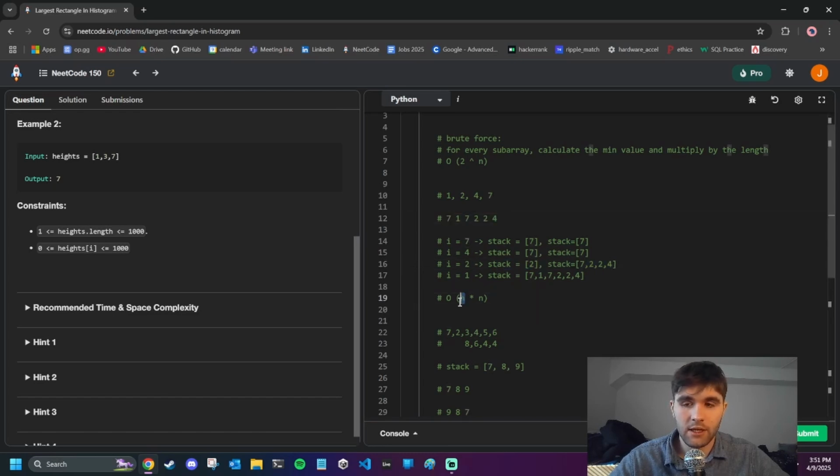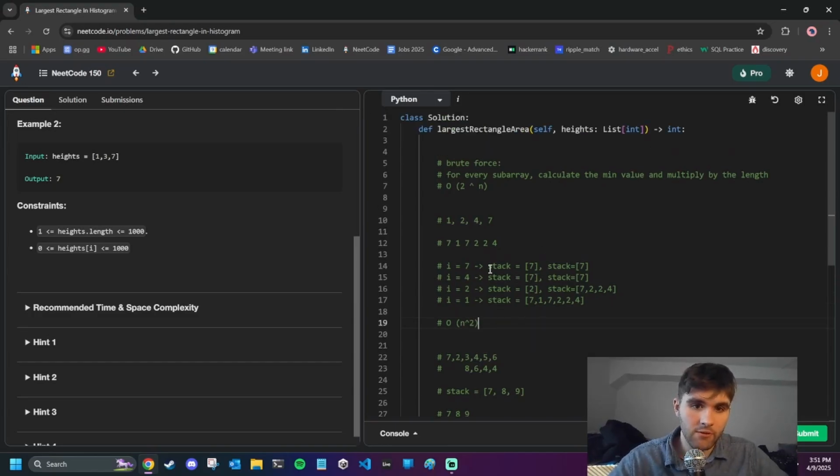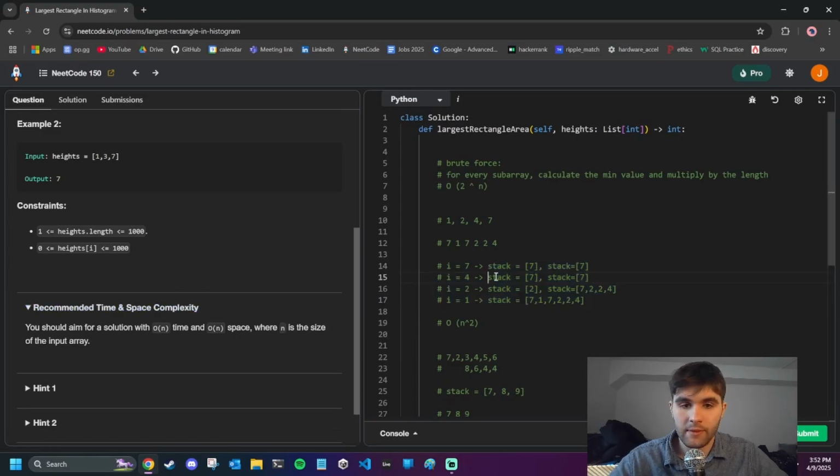So this would be the unique elements. So it would basically kind of be like n squared. So that's an improvement, and we don't even need a stack. We could just use a count for this. Okay, but we're looking for linear time and space.